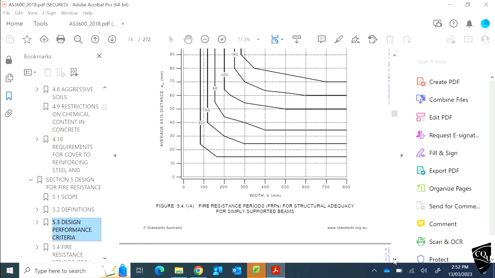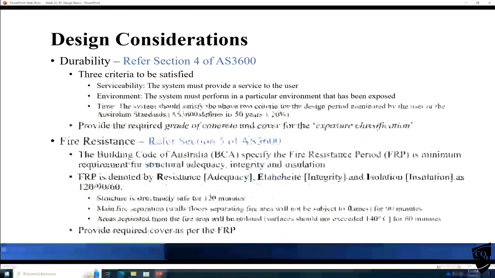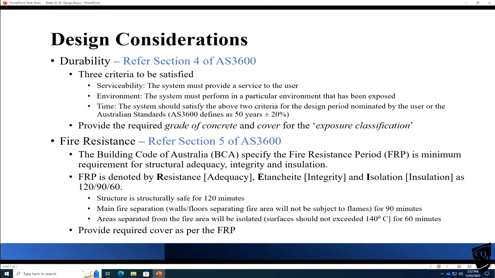So these two things come before any design. Before we start anything, we should make sure our structural members are satisfying these two things, durability and fire resistance. Only then will we do the design.